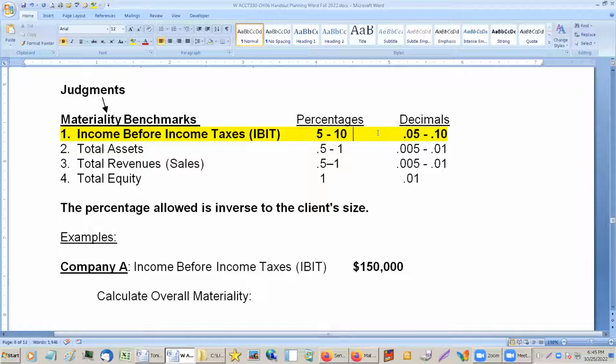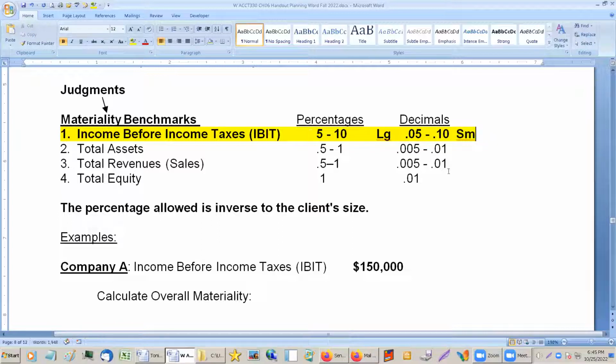The larger companies will get the smaller percentage. And the smaller companies will get the higher percentage.